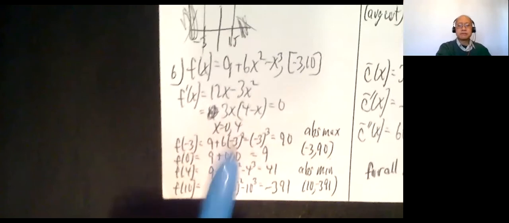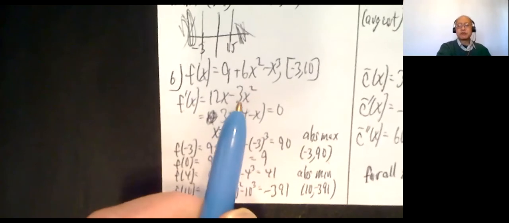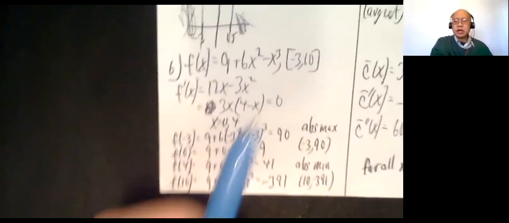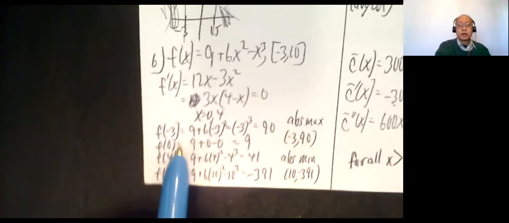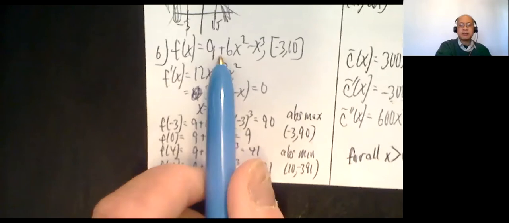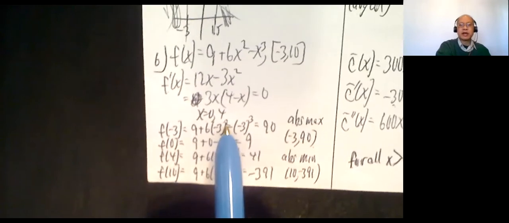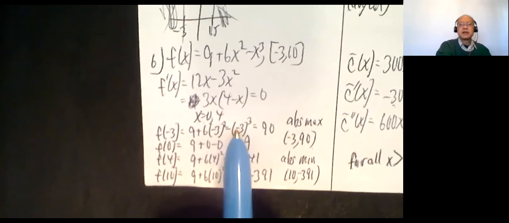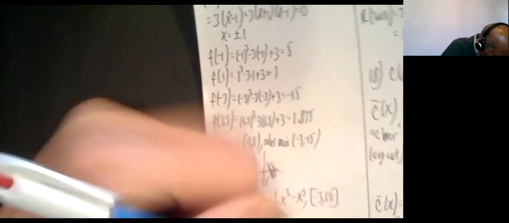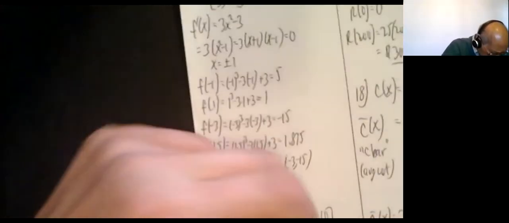Okay, so just plug in. Again, I won't take up too much class time on the calculation. You can look at how it's done, but check this on your calculator at home on your own. Plug in negative 3. 9 plus 6 times negative 3 squared minus negative 3 cubed. Sorry, that should be a minus sign.